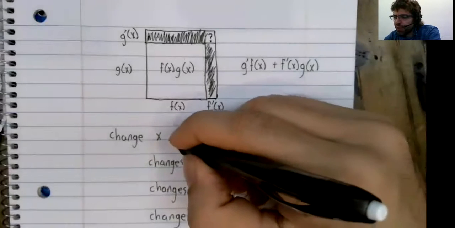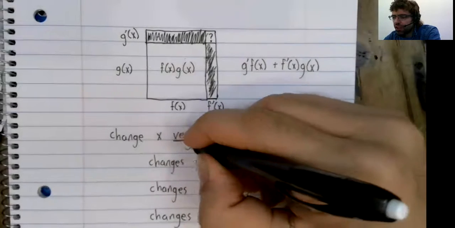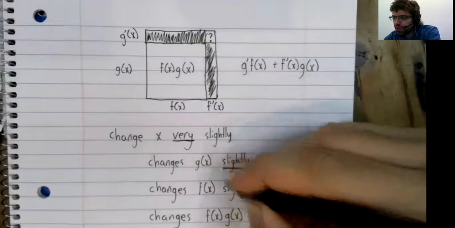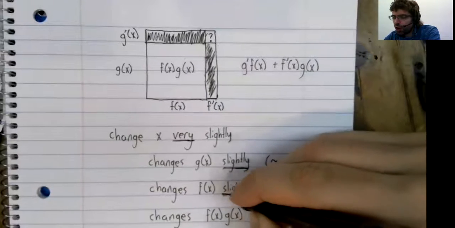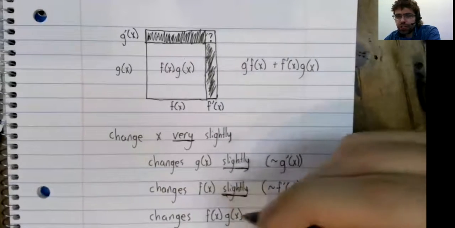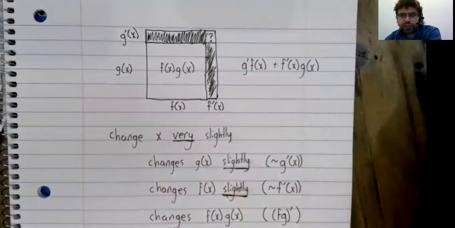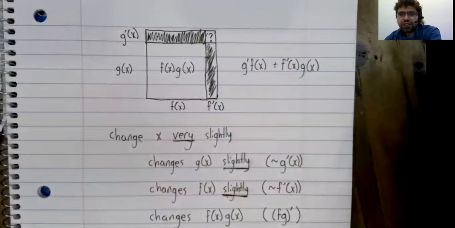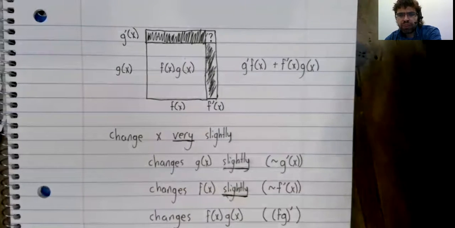This comes back to the assumption that we're not changing x very much at all here. So all of these rates of change are extremely small.